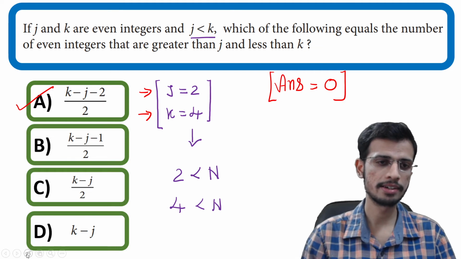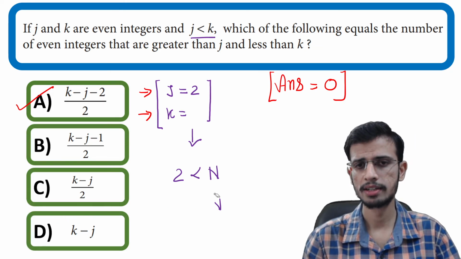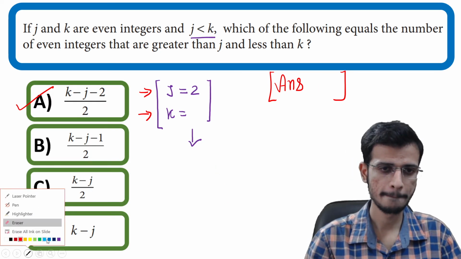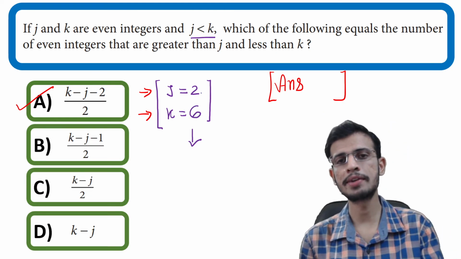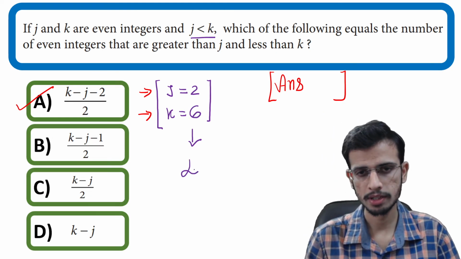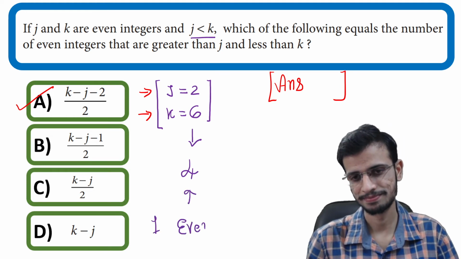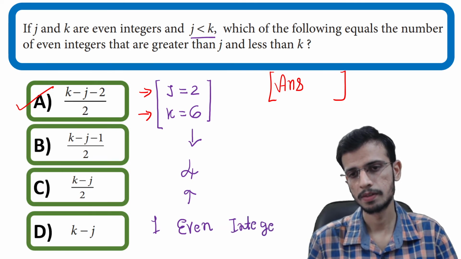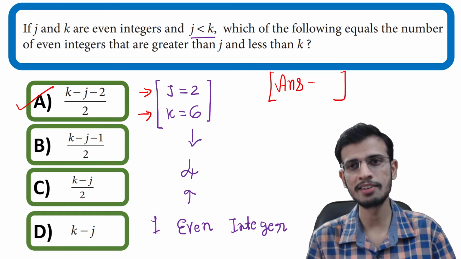Okay, let's take one more example. You can take k equal to 6. So you'll be getting only one even integer between 2 and 6, that will be 4. So the answer should be 1.